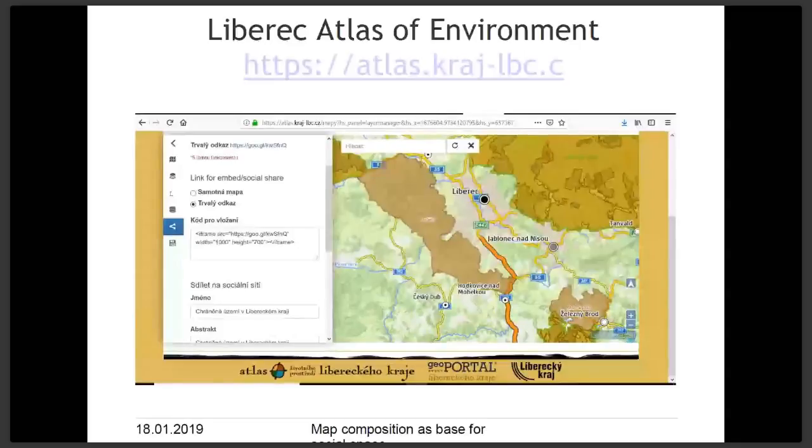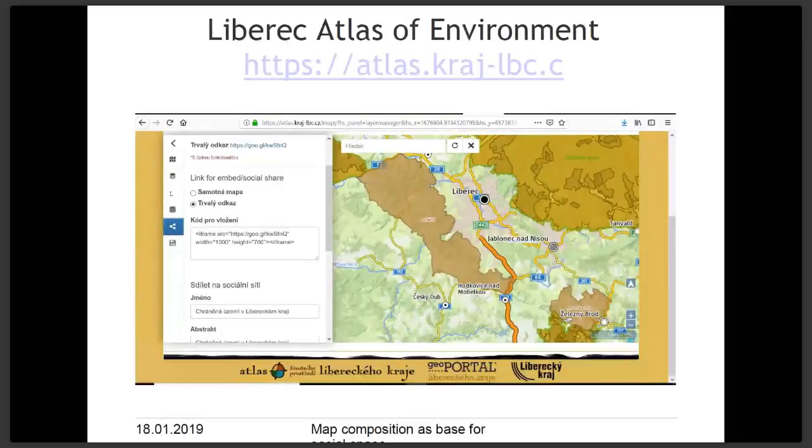If you prepare some good, interesting maps, you can easily share them through social media, and other people can use these maps. This is one step, but until now there is a limitation, because you see this data only on your portal. So we started thinking about how we can extend this possibility.